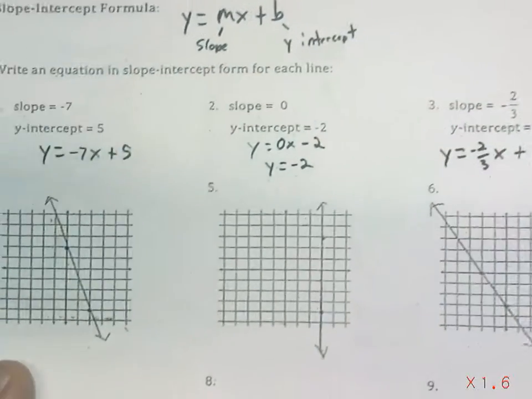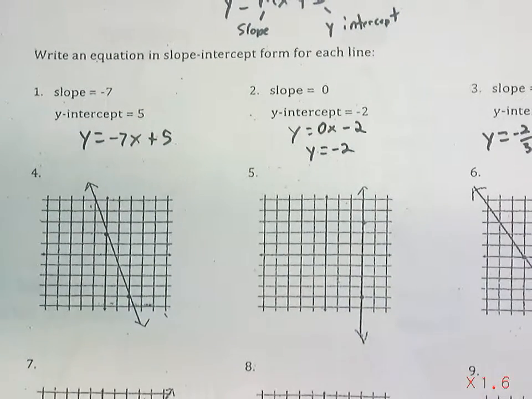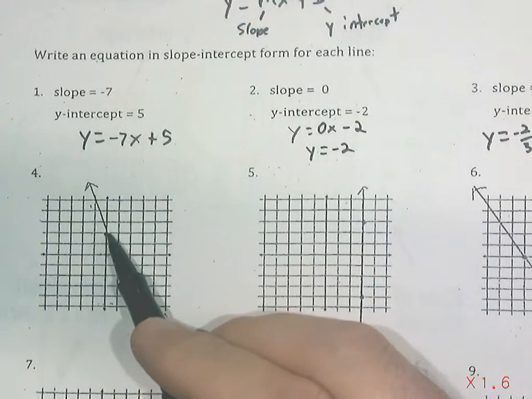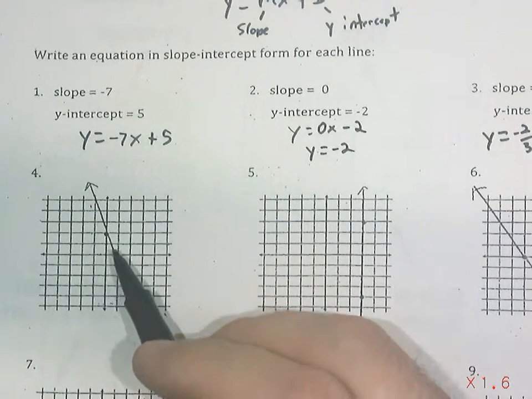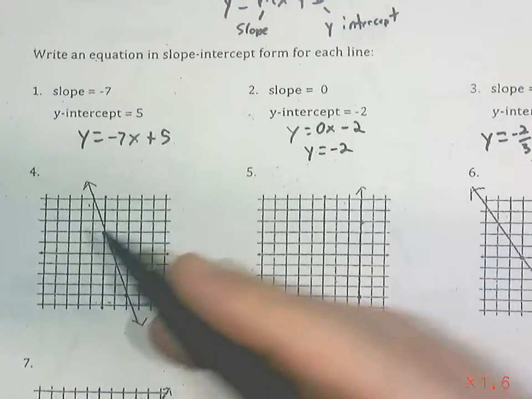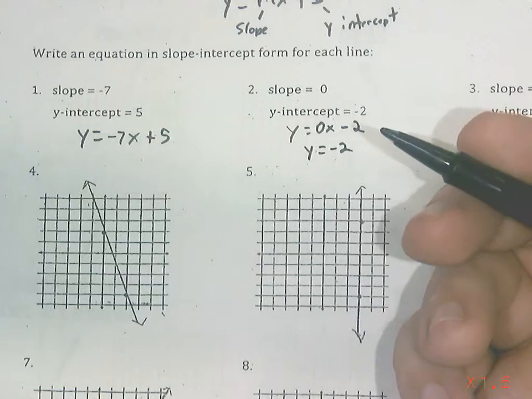So again, all I need is the y-intercept and a slope. Okay? So to find the y-intercept, you're looking for that point where it's crossing the y-axis. So it's crossing right here at +2. So that would be the y-intercept, +2.